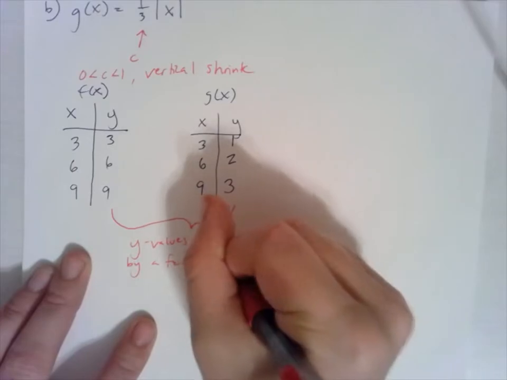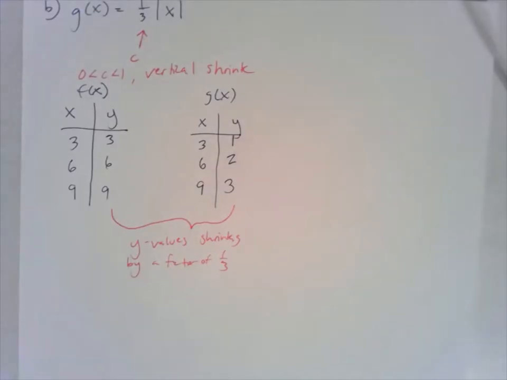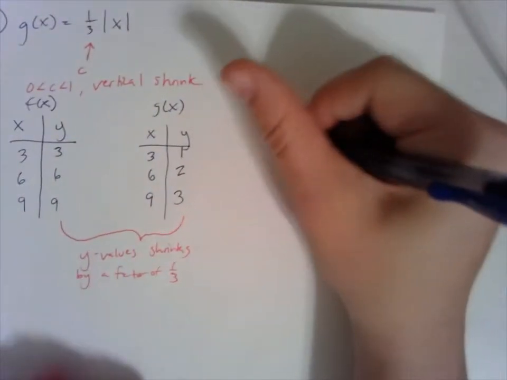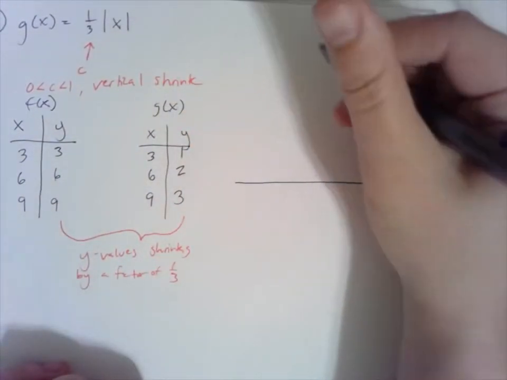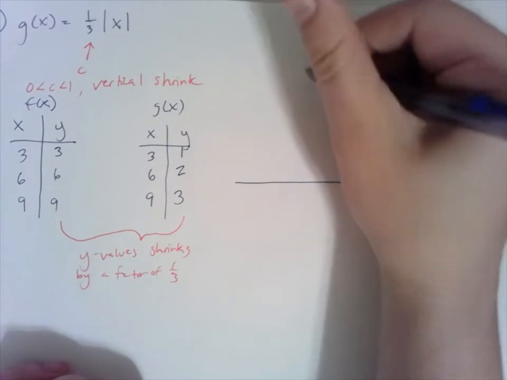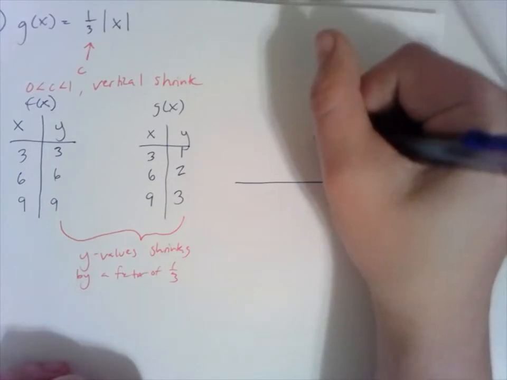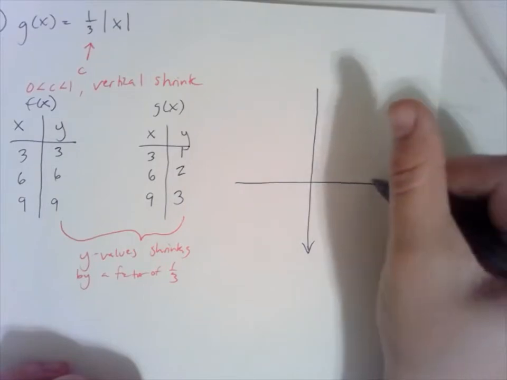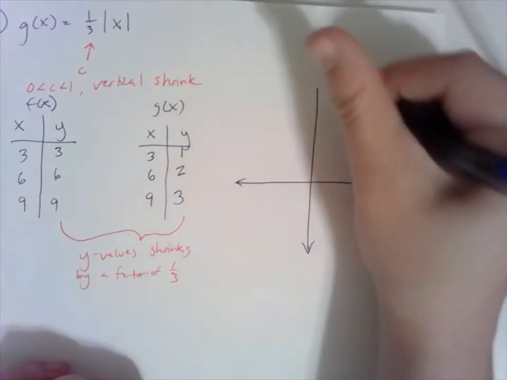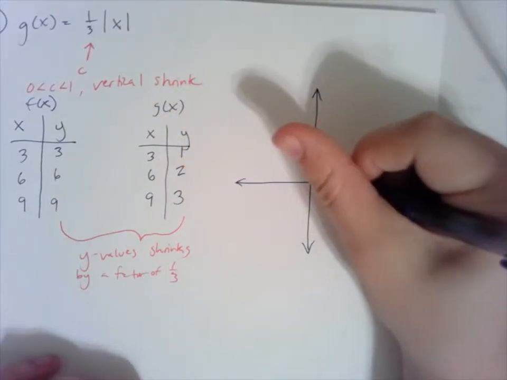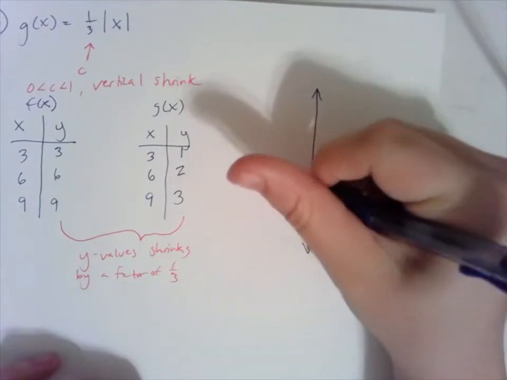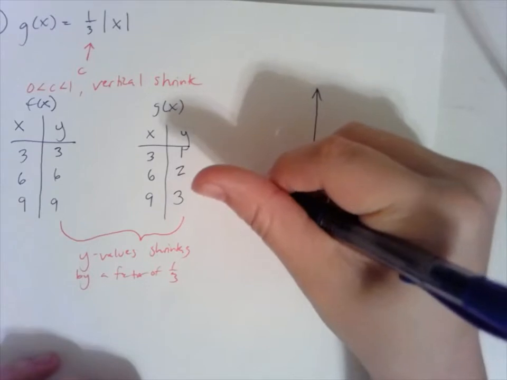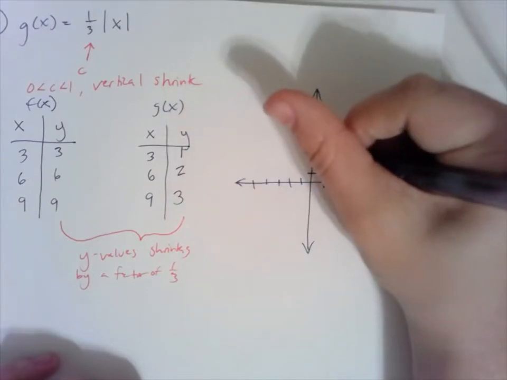And so, what this looks like in our graph, let's see if we can get some high values going. Okay. So if we had, let's say 1, 2, 3, 4, 5, 1, 2, 3, 4, 5, and we had 1, 2, 3, 4, 5, 6, 7, 8, 9.